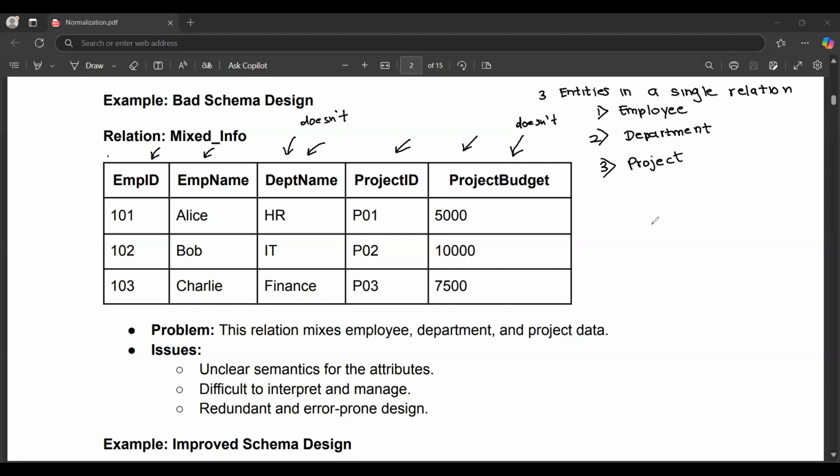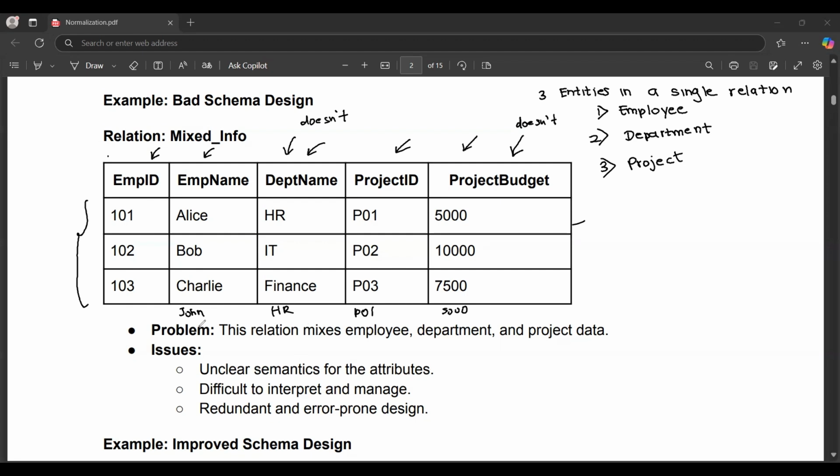All right, and the third one is obviously wrong. Why? There will be modification anomalies. Since there are only three tuples, you may not see this. But if you have more tuples, let's say we have someone called John in the HR department working on project 01, and the project budget is 5,000.